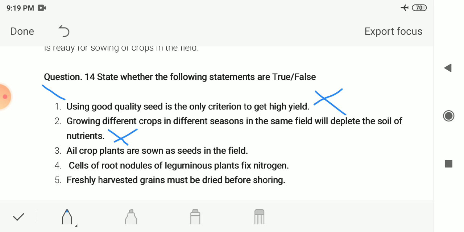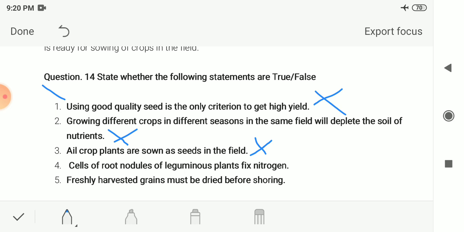Next is: L crop plants are sown as seeds in the field. So here again your answer is false. L crop plants, that means plants like garlic which has a bulb-like structure, or onion-like structure, are not sown by seeds. This kind of plants need transplantation.